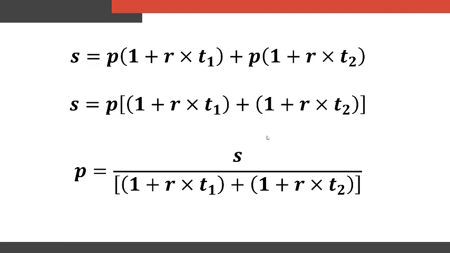And to get B, B equals S over [(1 plus RT1) plus (1 plus RT2)]. B represents the unknown payment X1 or X2.